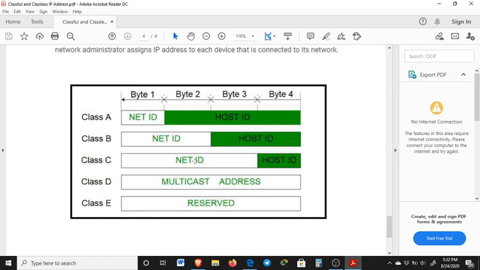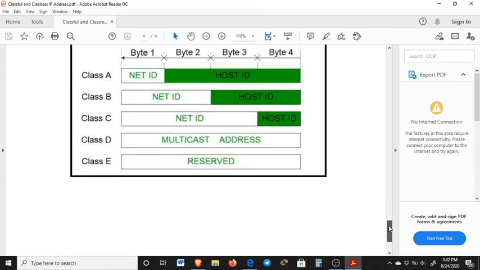So we have many networks in class C, but the usable IP addresses are fewer. Just check on this green area here. Class D is for multicast addresses, and class E is reserved for future use or for research purposes.